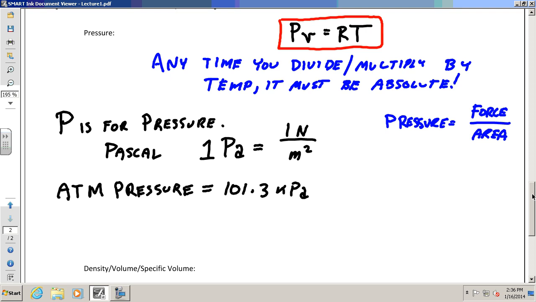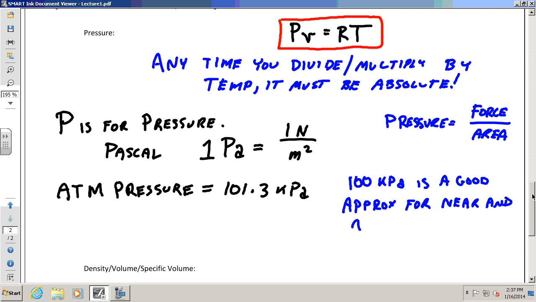Now, I will say this. 100 kPa is a good approximation for any conditions near sea level, or around sea level.